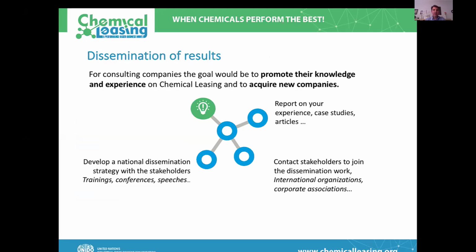The final slide is that if you are a consultant, you should try to work with companies to monitor benefits systematically, because you can promote the knowledge and experience and acquire new companies for yourself.